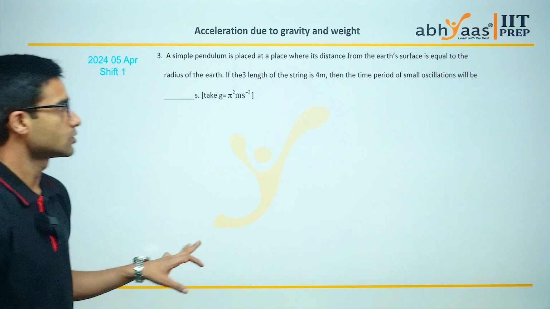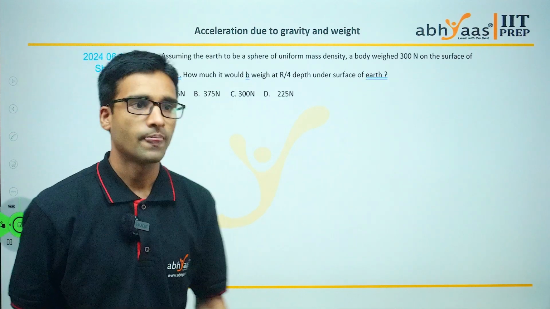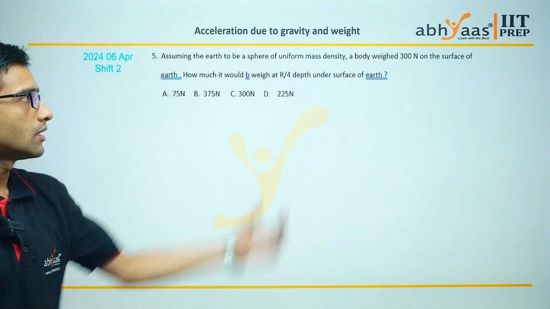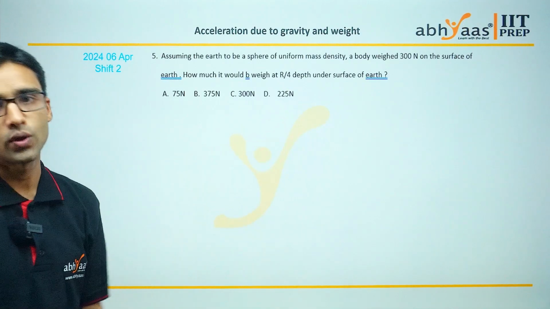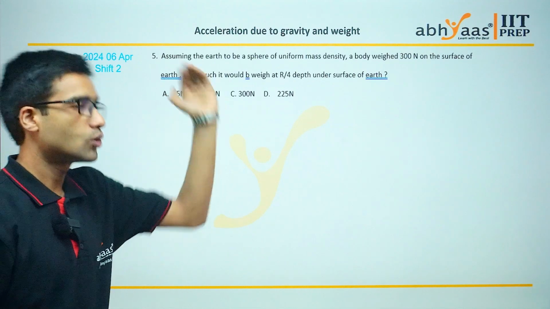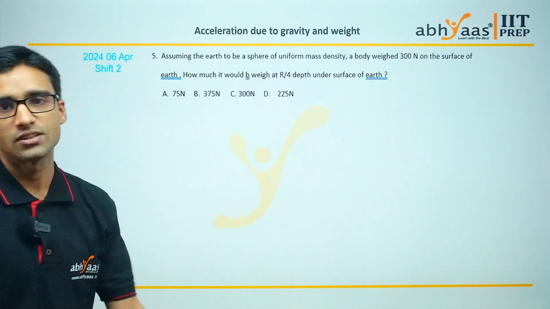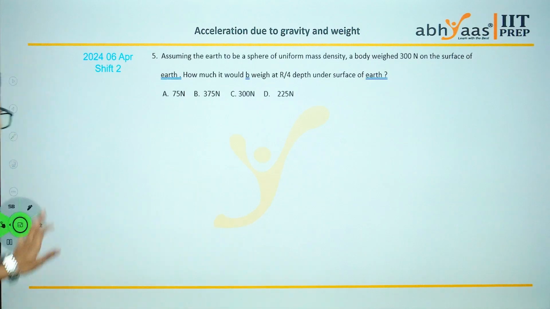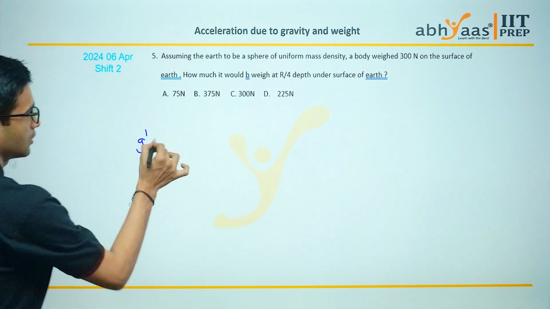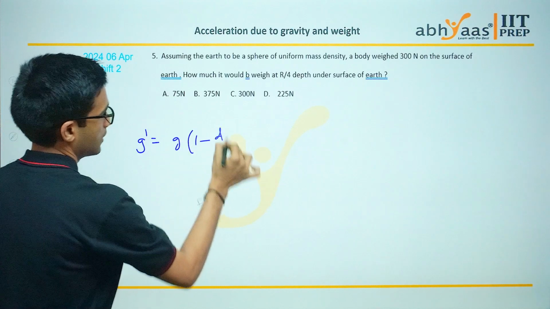Now going to the next question. In the next question, he has given that earth is considered as a sphere and the body's weight is 300 newtons. How much will it weigh when it goes down below the surface to a depth R by 4? You know g dash when going down is equal to g into (1 minus d by R).